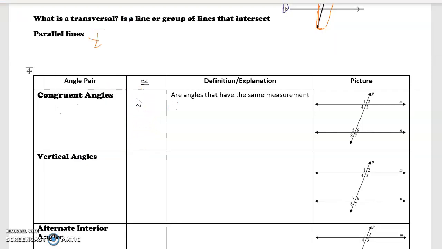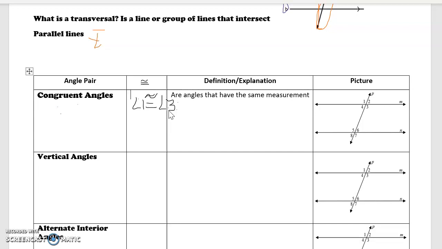So I'm gonna come here and I'm gonna say angle 1 is congruent, and that's supposed to be a squiggly line, to angle 3. And that's one example of them. So angle 1 is congruent to angle 3. And I'm sure that you guys came up with some of the other ones.